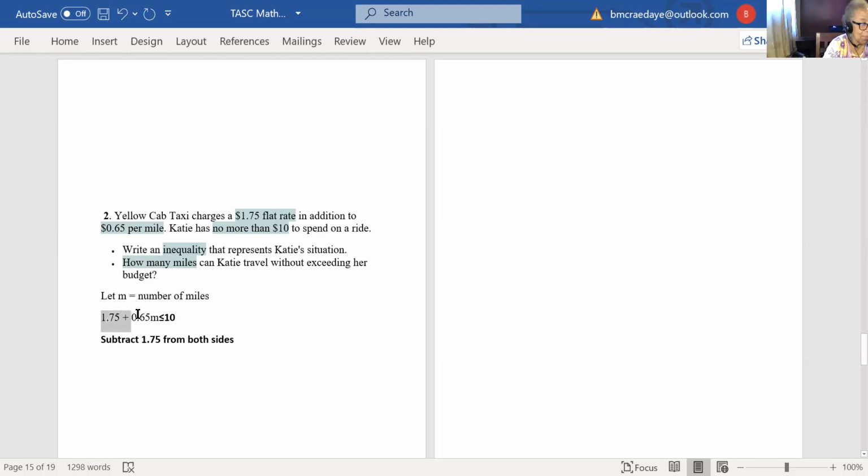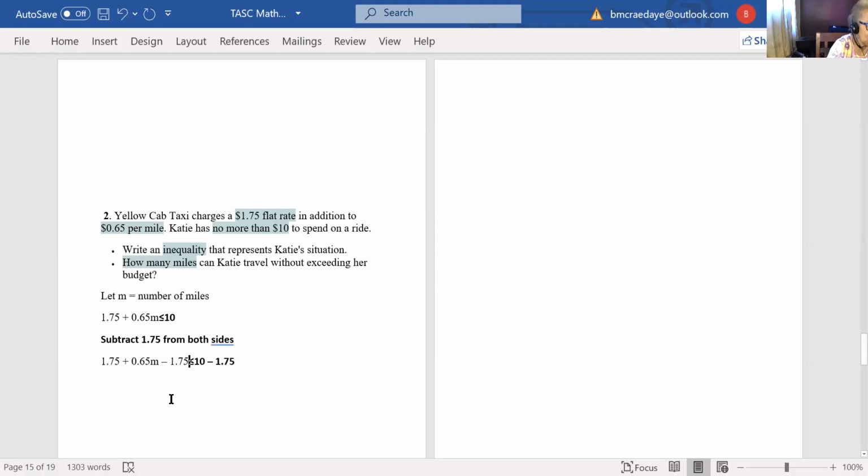Okay, so let's just do that. Let's take this whole inequality, copy it, and subtract the 1.75 from both sides. So this will be minus 1.75 on the left, and it will be minus 1.75 on the right. Okay, what do we get left on the left side? We just get M on the left side, and this M is not with the 1.75.